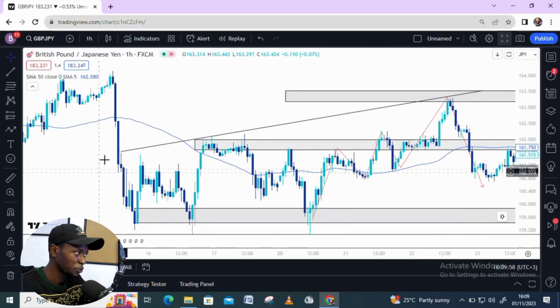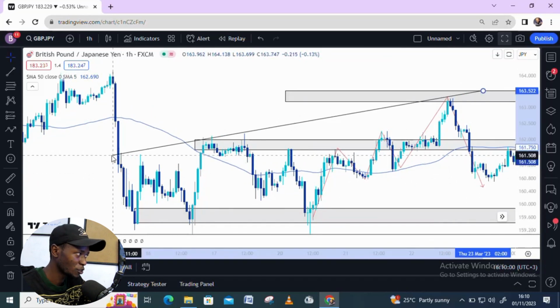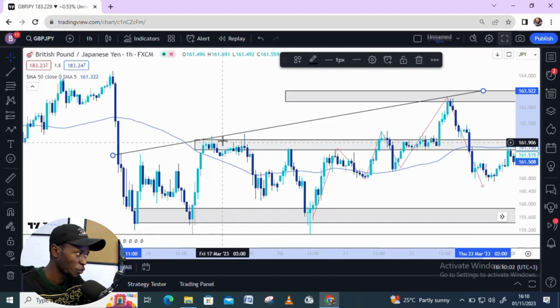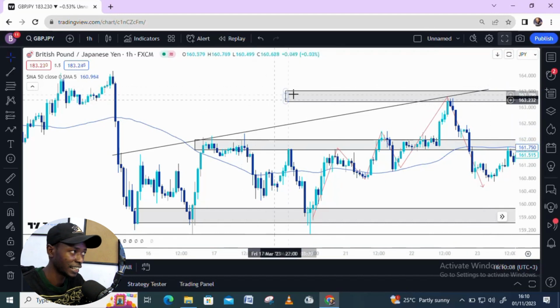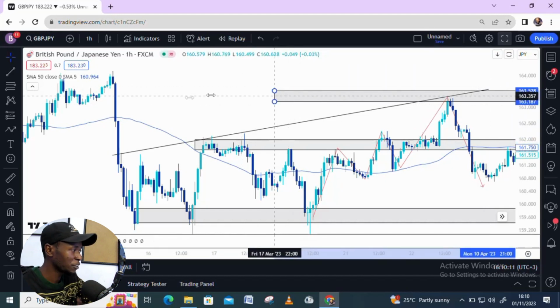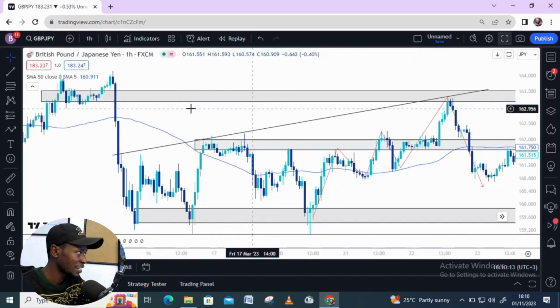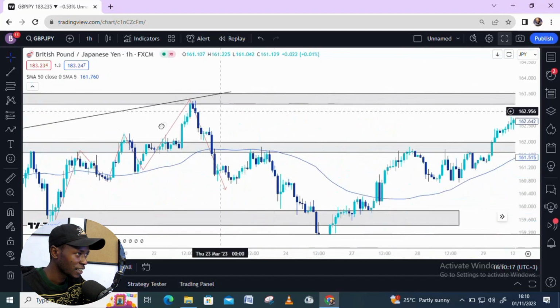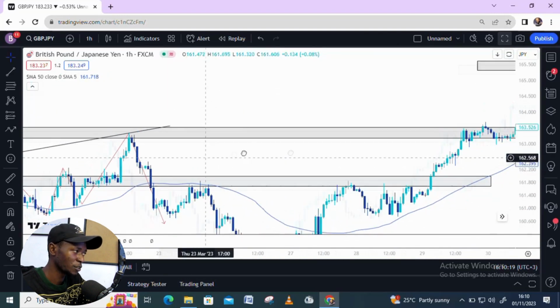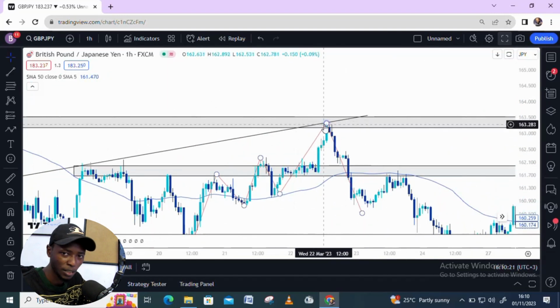So how do you know this trend line is valid? Because 1, 2, 3, 4, 5. Price has 5 touches on this trend line, and on this zone price has 1, 2, 3, 4, 5, 6, so this is also a strong support zone.